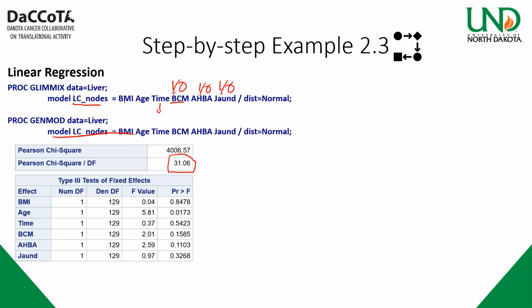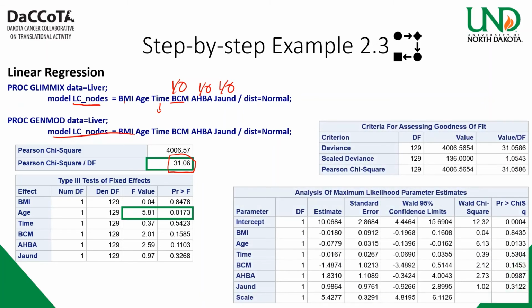It looks like only age was significant. Same sort of thing we'll pull out from GenMod. It'll give the same sort of chi-squared value, and then they're using it slightly differently. This is the F value and probability of the F value. This is a Wald chi-square. They're a little bit different, but they give the same sort of result.